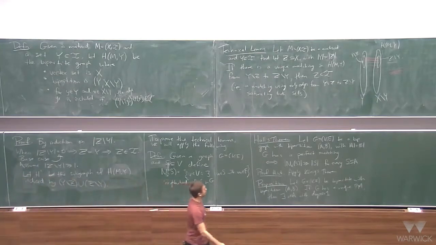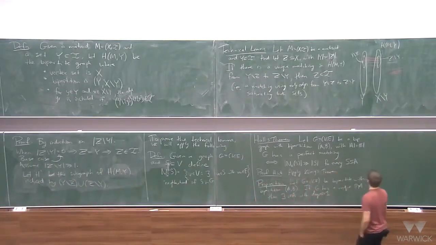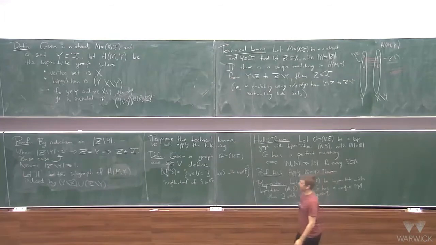So in this picture, the picture up there was the whole graph HMY, and we're just going to zoom in on the vertices which are in Y minus Z or Z minus Y, and we just look at the edges between those sets.